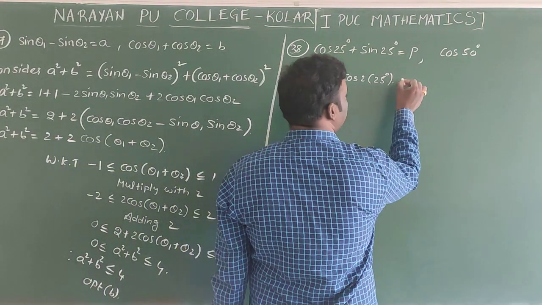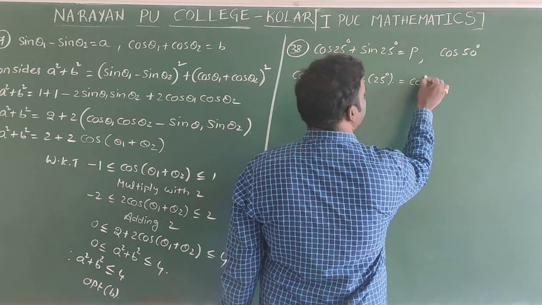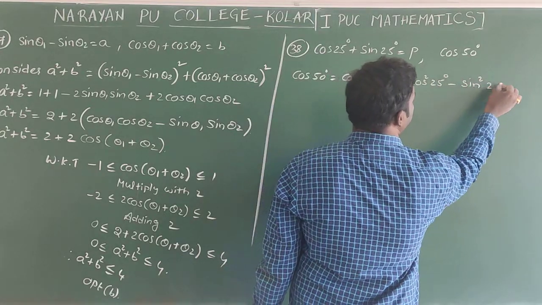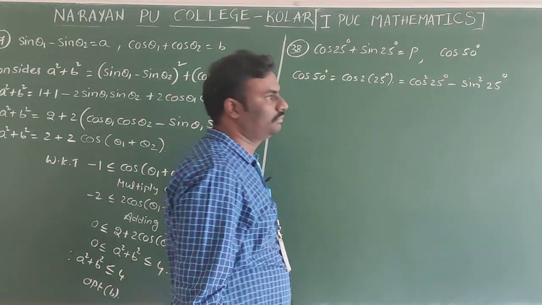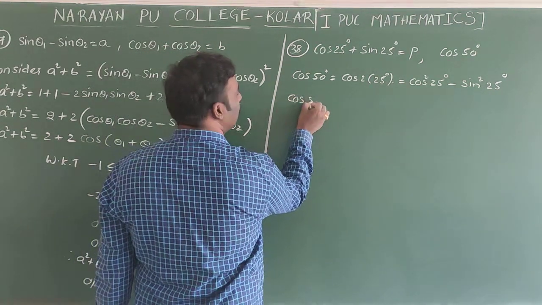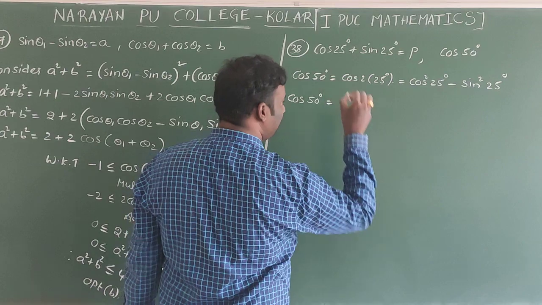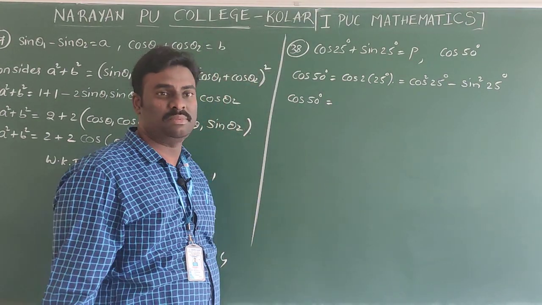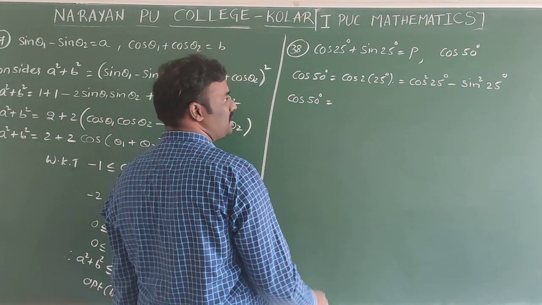Cos 2a can be written as cos square a minus sin square a. Now cos 50 equals, it is in the form of a square minus b square. I can write a plus b into a minus b.